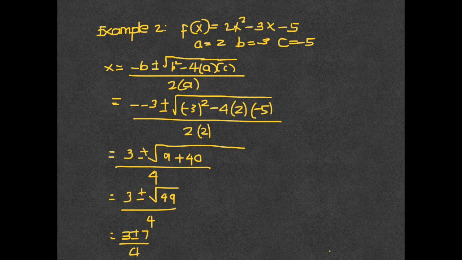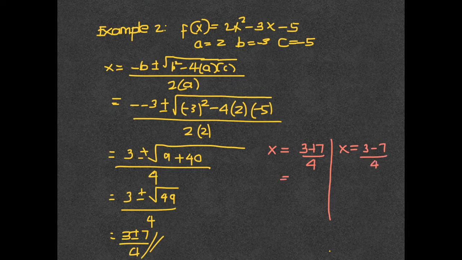From this, you can now divide them into two different equations to solve for your zeros. The first zero is using the plus, so x equals 3 plus 7 over 4, while the second zero is x equals 3 minus 7 over 4. So 3 plus 7 is 10, so we have 10 over 4, and we can reduce this by 2, so the answer is 5 over 2.